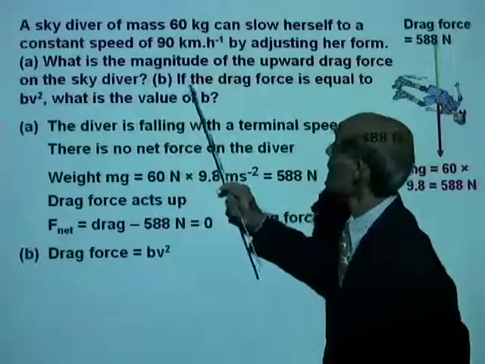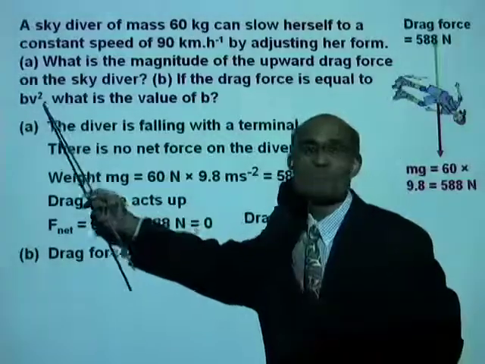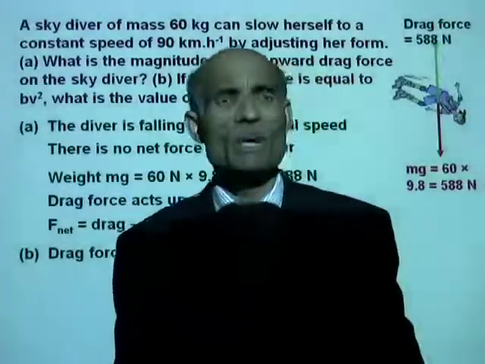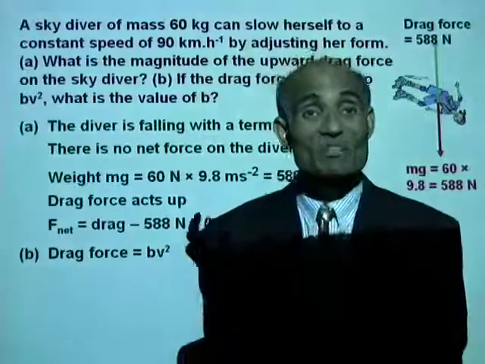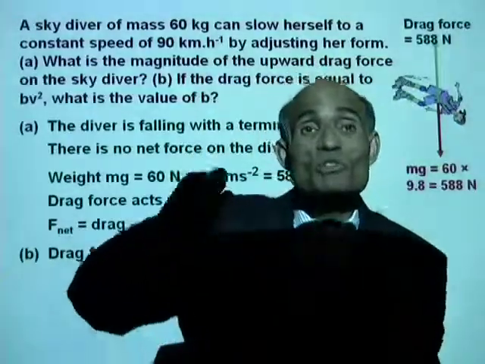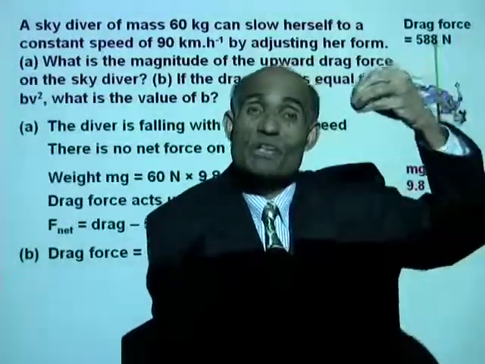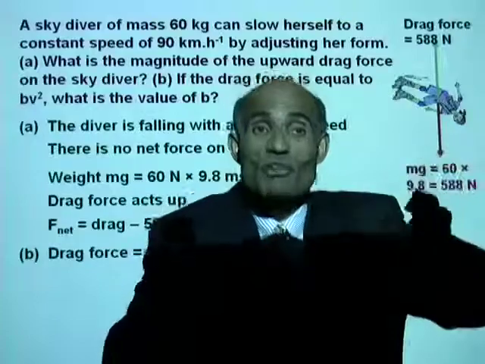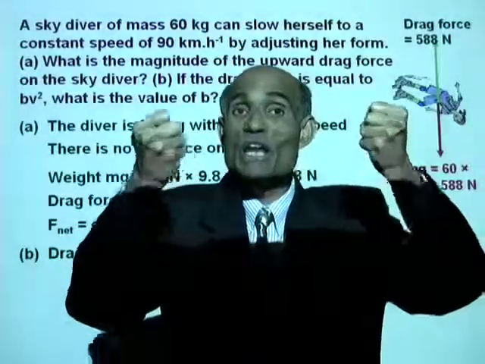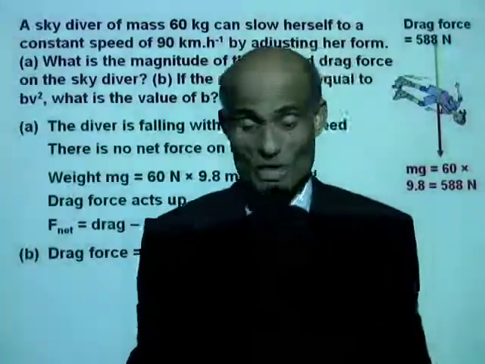Alright, now the second part: if the drag force is equal to bv squared, what does that mean? In this case, the drag force is proportional to the square of the velocity. That means as the velocity increases, the drag force will increase not linearly, but according to the square of the velocity.